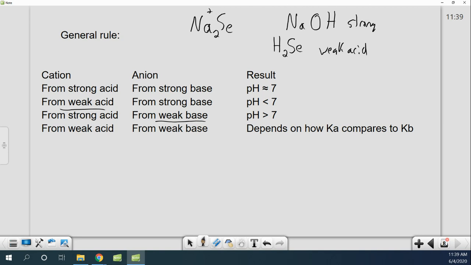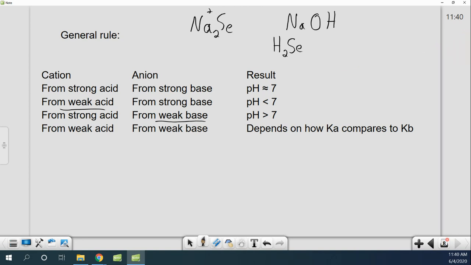And so if we've got a weak acid, that's going to shift our pH, because one is weak and one is strong. So what would actually end up happening here? H2O plus Se2- would give me H2Se plus OH-. I'd end up with a basic solution.